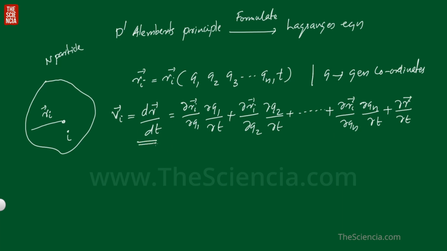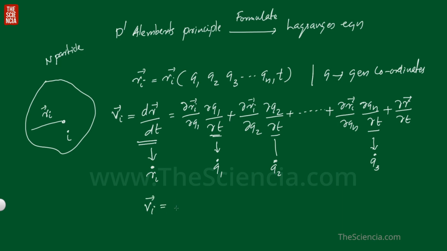Here I am calling this term Ri dot. From now onwards, whenever I put a dot over a coordinate, it means the time derivative of that coordinate. Okay, don't forget. And this one will be q1 dot, this one q2 dot and this one q3 dot. Okay, so here you can see this is a summation of many terms. So I can rewrite this equation using the summation symbol, right? So what will be the vi vector?